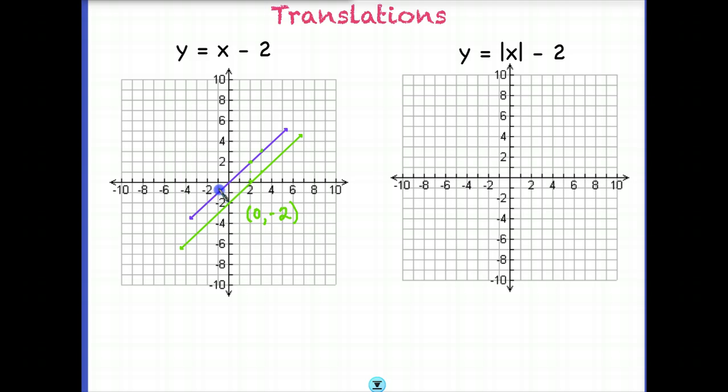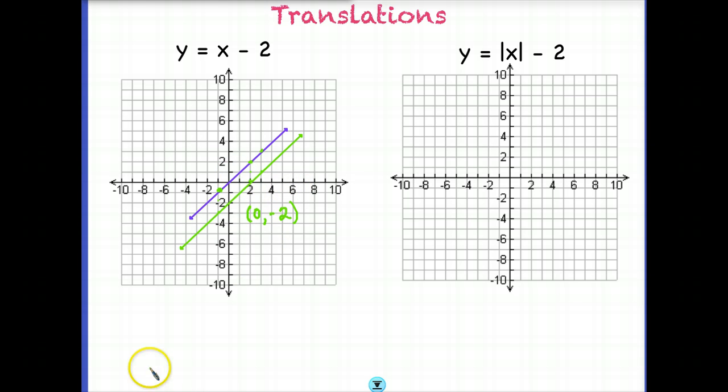And any other point, let's just say here, 1, 2. So the distance between all my vertical points is consistently 2, so I know my lines are parallel, which means that the slopes are the same. We learned that. So basically, all that translation did is just pick this purple line up and drop it down 2. Didn't change the slope at all.